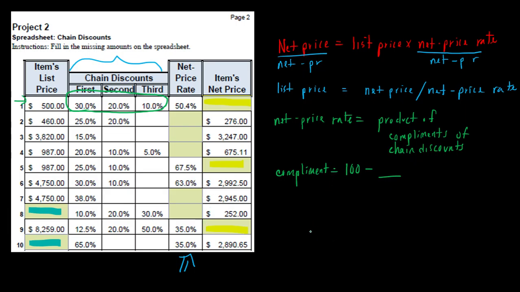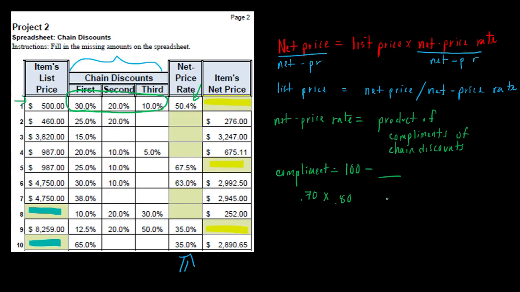So on line 1, for example, they reached the answer 50.4% by taking the complement of 30, which is 70%. I'm going to write it as a decimal. And I multiply that by the complement of my next chain discount. So 20%, 100 minus 20 is 80, so I'll use 0.80.